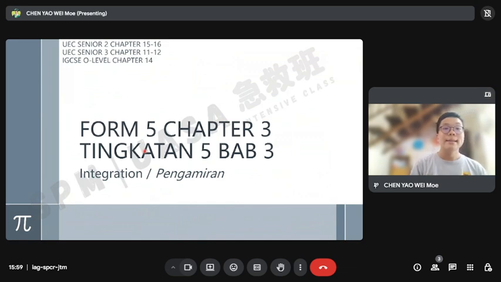This chapter is quite hard but still in an easy mode. Integration and differentiation are the same topic, calculus, and today we learn about integration and differentiation.